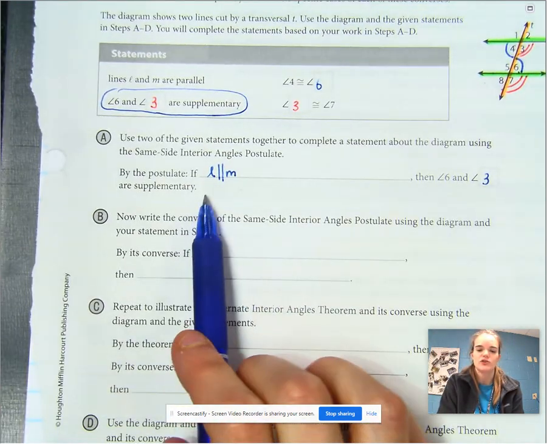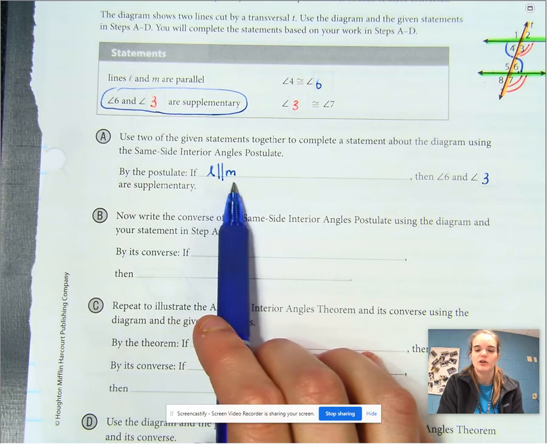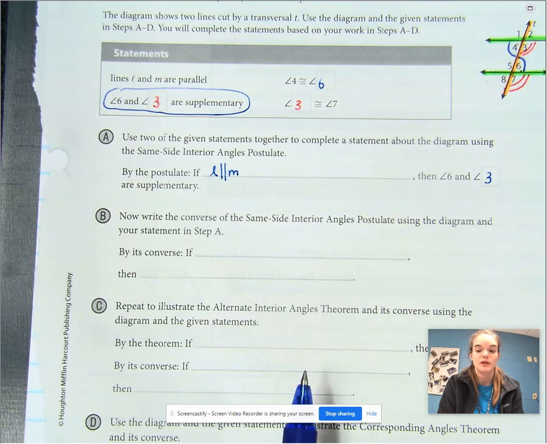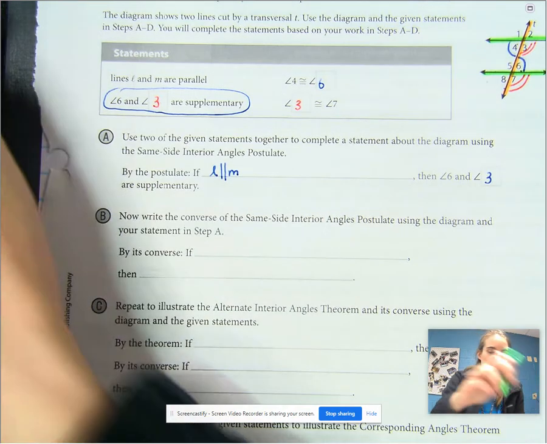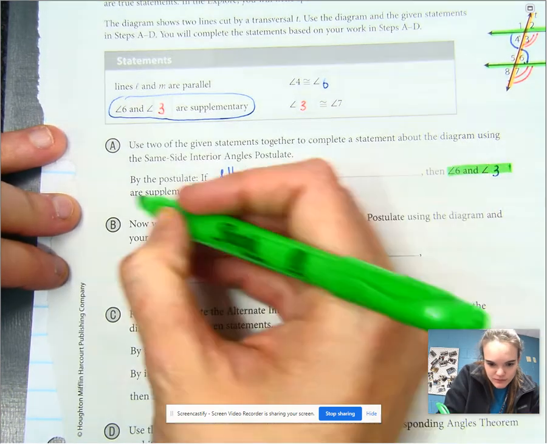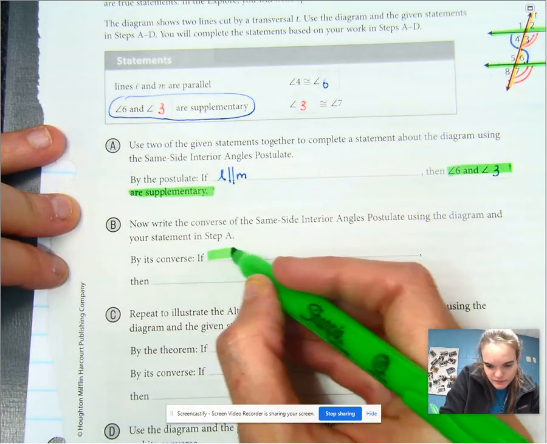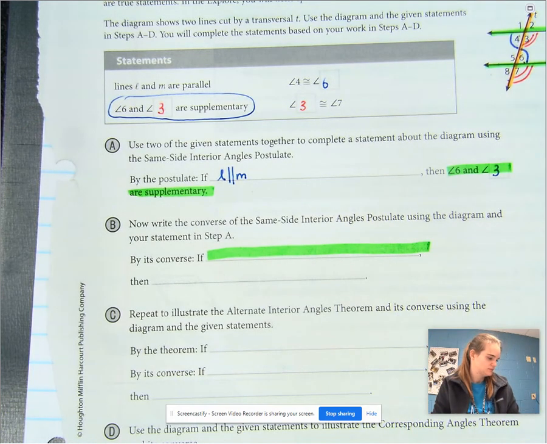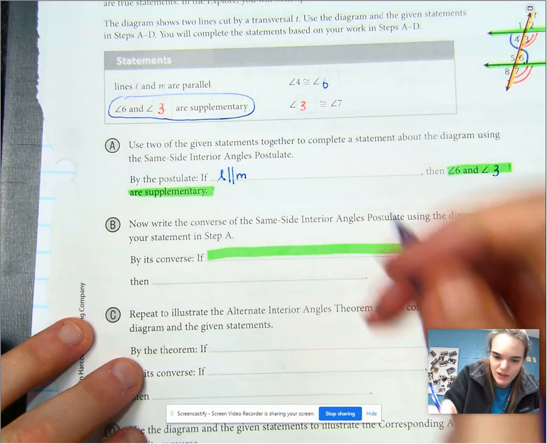This is what we had yesterday. The postulate said if L is parallel to M, then 6 and 3 are supplementary. The converse is flipping it, meaning, I'm going to take highlighters again, meaning this will go here. So I take the then and put it at if.